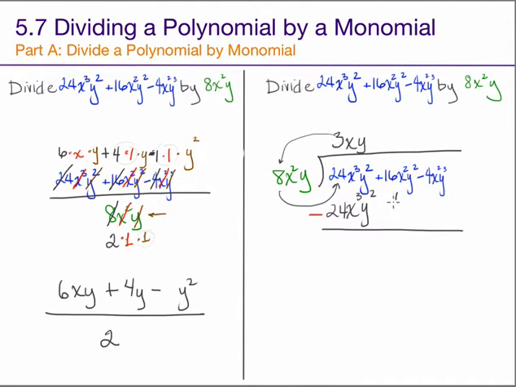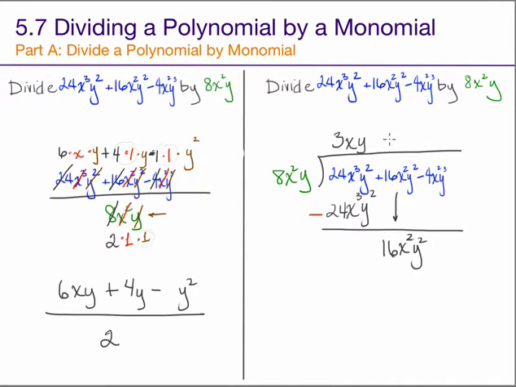But now I can bring down the next term, which is a positive 16x squared y squared. And then the process starts over again. I'm looking for the term that when I multiply this by this, I get this.